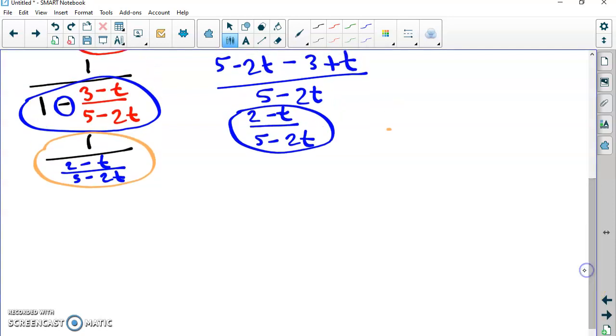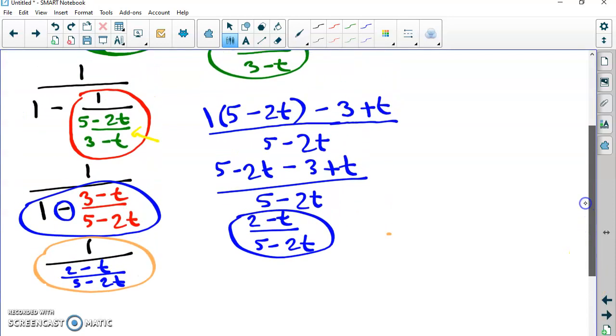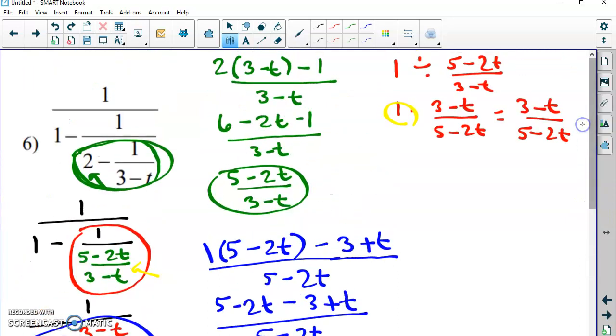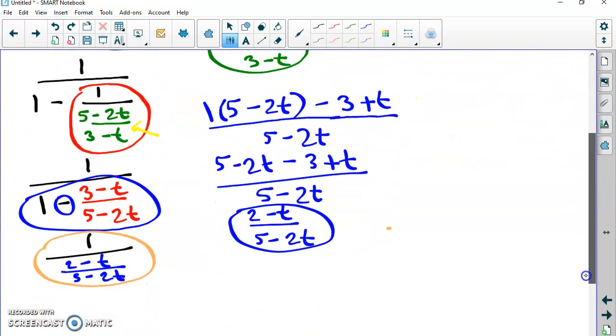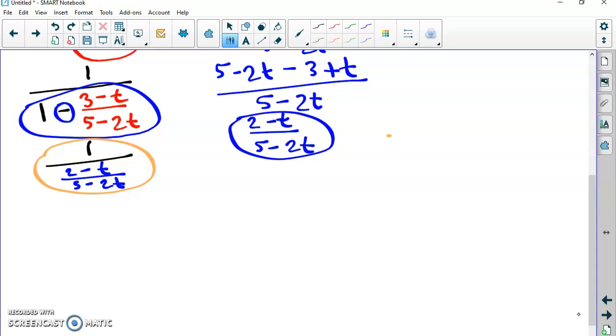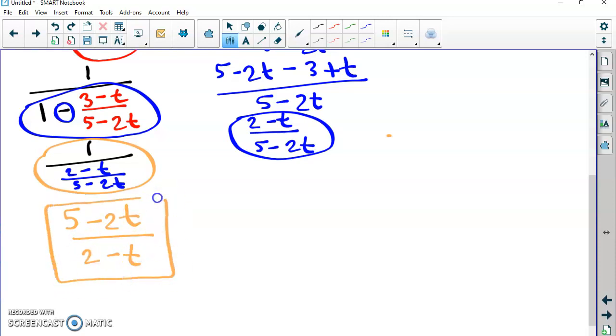Like we did up in the red one, we had to keep, change, flip up here. So this one here, our numerator's 1, so we know that all we have to do is flip the denominator. And this is our final answer. If the numerator had a number, then we'd have to multiply our new numerator by that number.